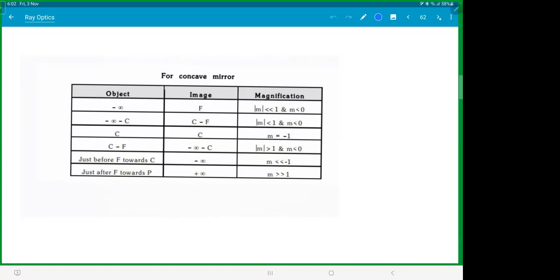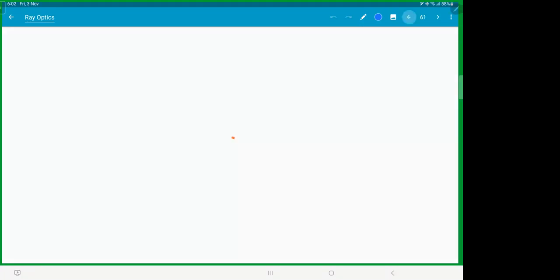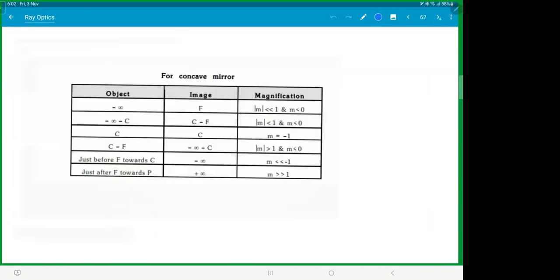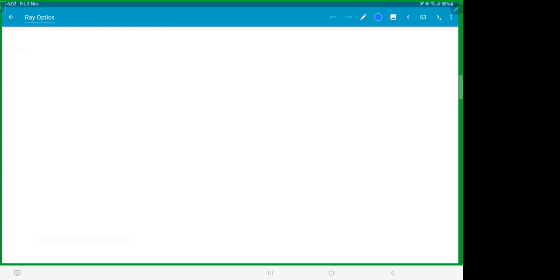Last thing we did was this tracing of image. Let's start off with a question. We have a mirror.